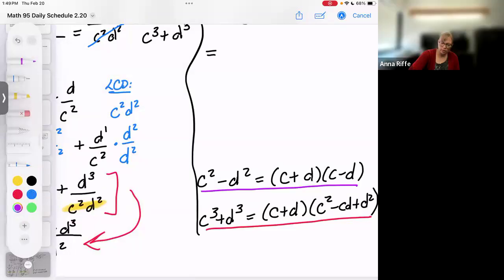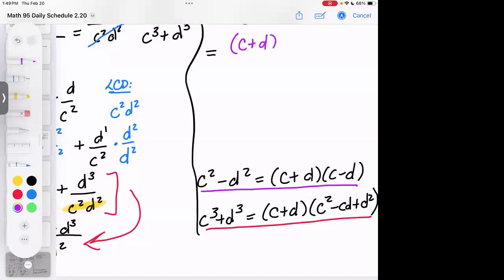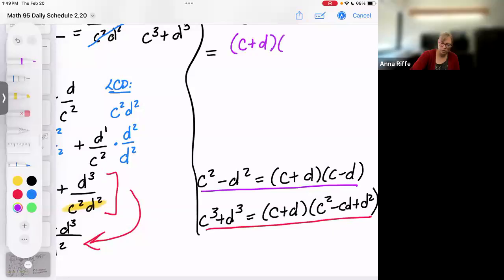So I'm going to write the top in factored form: C plus D, C minus D. Write the bottom in factored form: C plus D times C squared minus CD plus D squared.